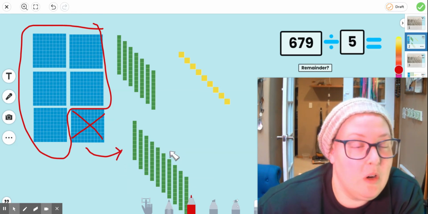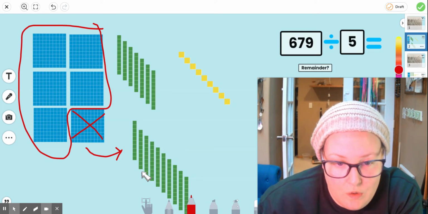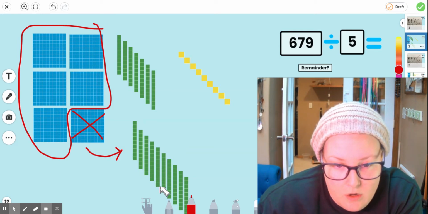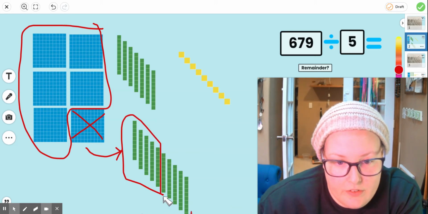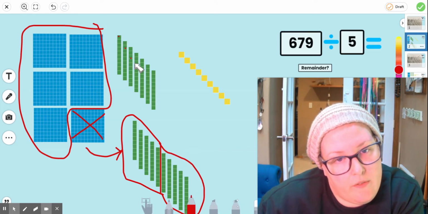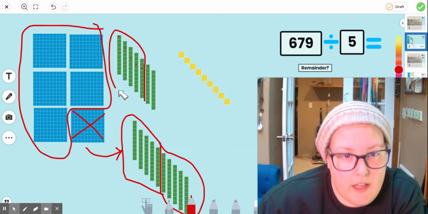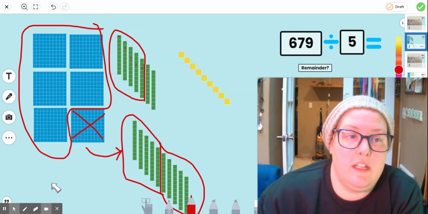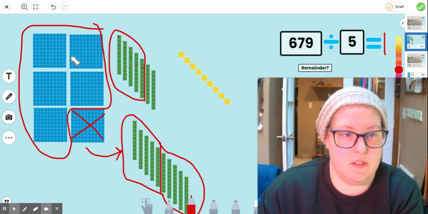Now I can do more groups of 5. So, this is 10. How convenient. 1, 2, 3, 4, 5. I know my tens and my groups of 5. So there's 2 groups of 5. Here's 1, 2, 3, 4, 5. Okay. Here's 5. So, in my hundreds answer spot, I'll have a 1 because there's 1 group of hundreds here.